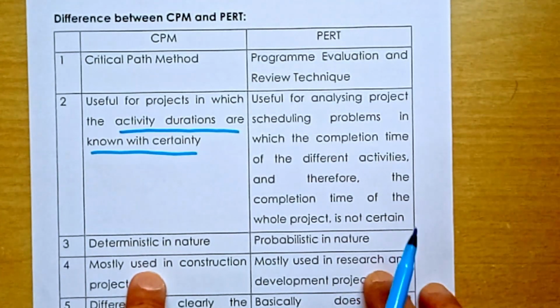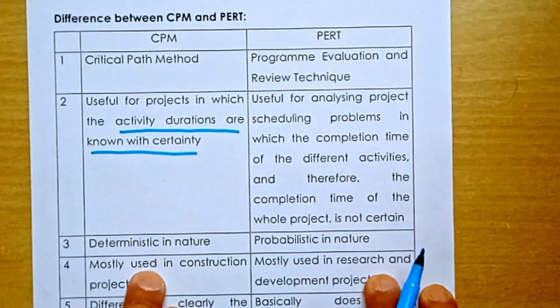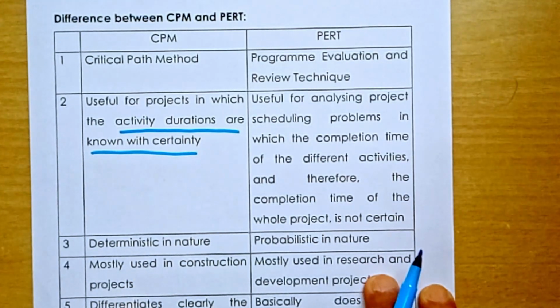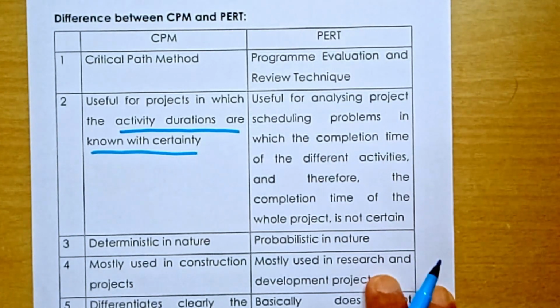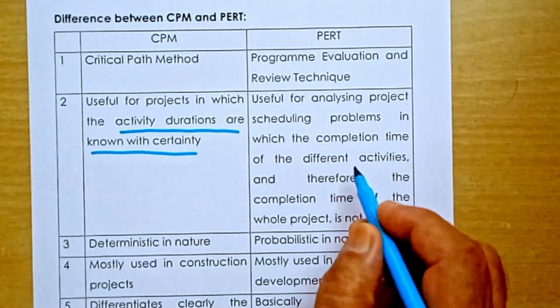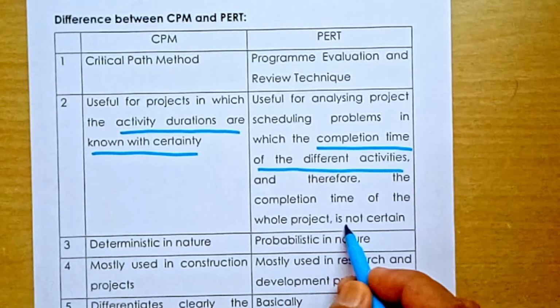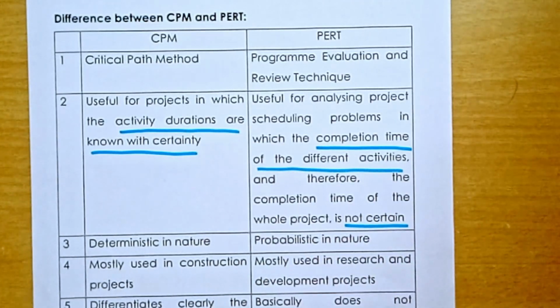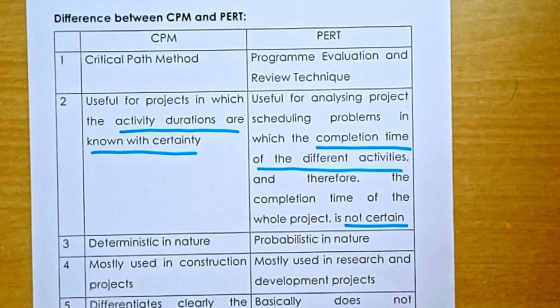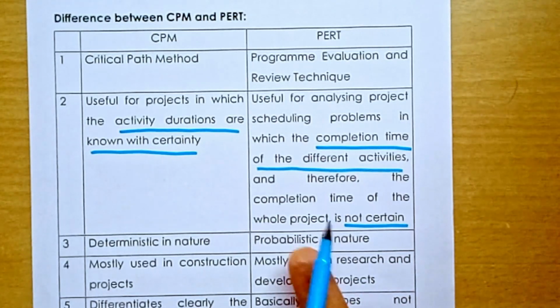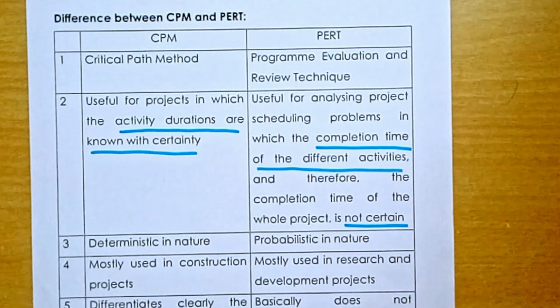Whereas the program evaluation review technique, PERT, is useful for analyzing project scheduling problems in which the completion time of different activities, and therefore the completion time of the whole project, is not certain. Since the completion time of activities is not certain, the completion time of the whole project is also not certain.